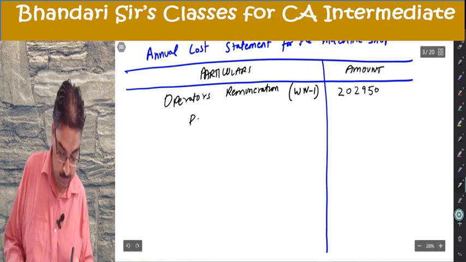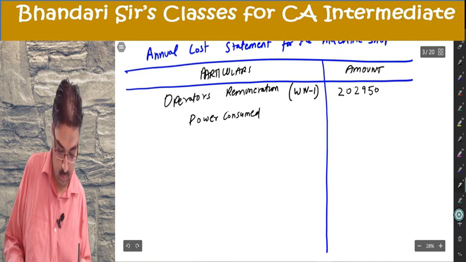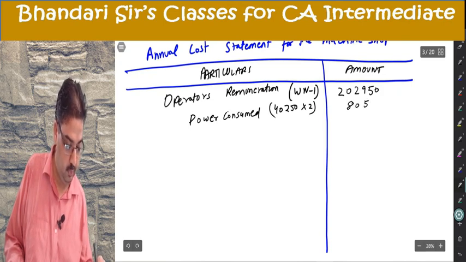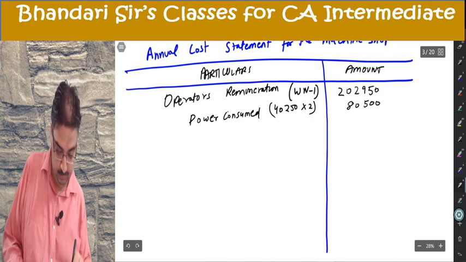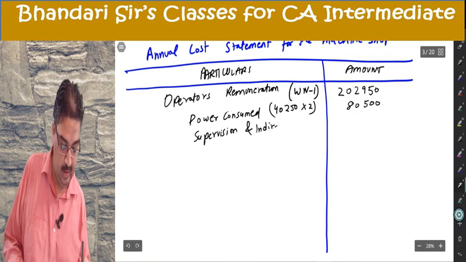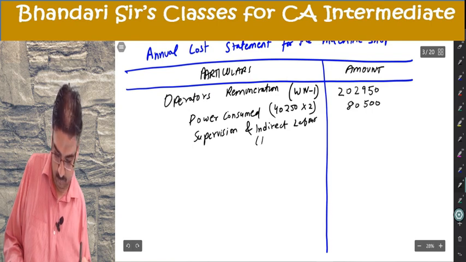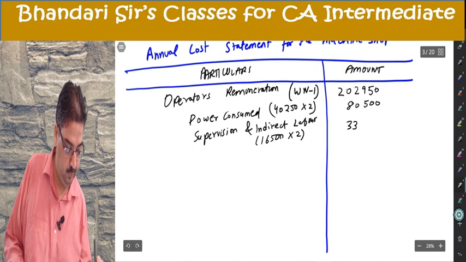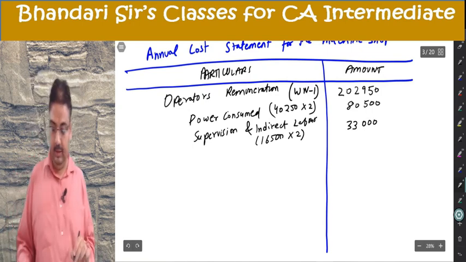Power consumed, $40,250 multiplied by 2, 80,500. Supervision and indirect labor, $16,500 into 2, 33,000.